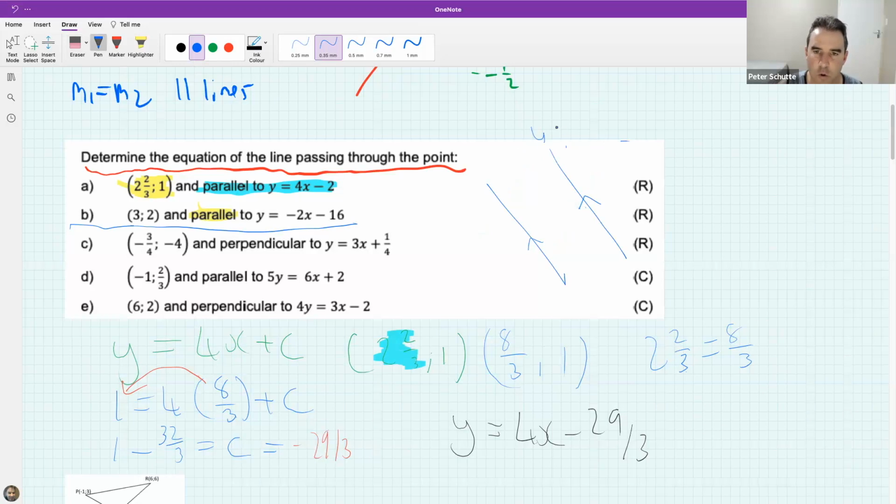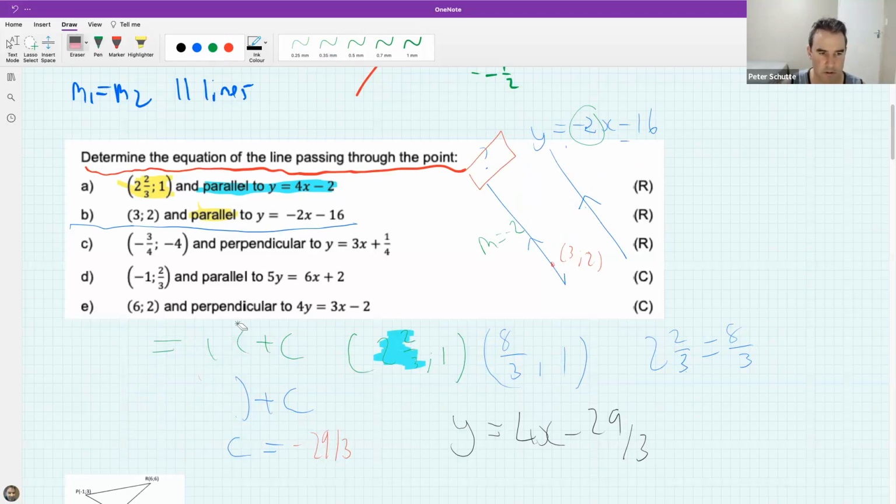And I know the equation of the one line is like that. And I need to find the equation of this other line. And all I know is it's parallel to that one, but it also goes through the point 3, 2. And your goal is to find what that line is. Now, I'll give you a hint. Because they're parallel, their gradients have to be the same. And that's going to be the main hint that you'll be using.